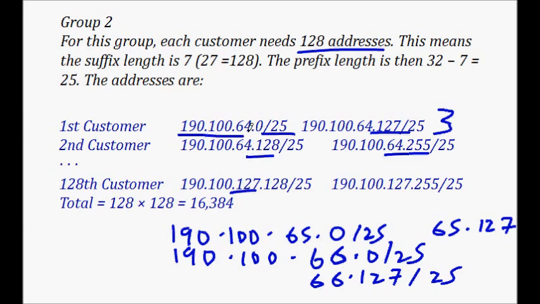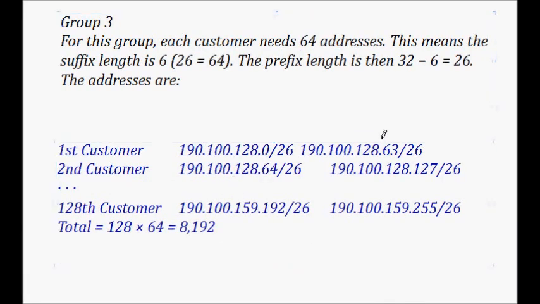So in 64 to 127 it will handle all the 128 groups. So this is done. We have now the ending address 190.100.127.255. So the next thing we can start is 190.100.128.0. This will be our next address.